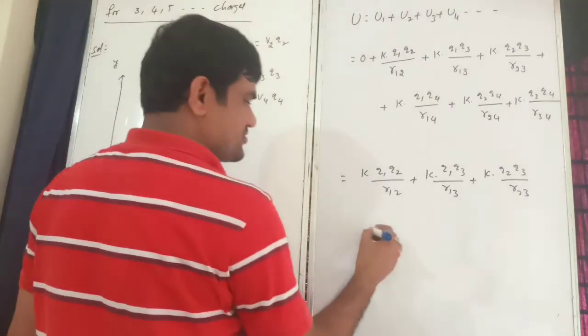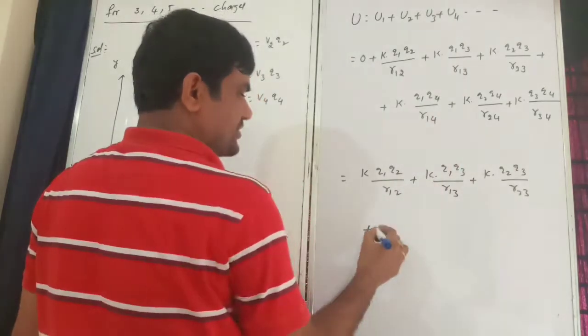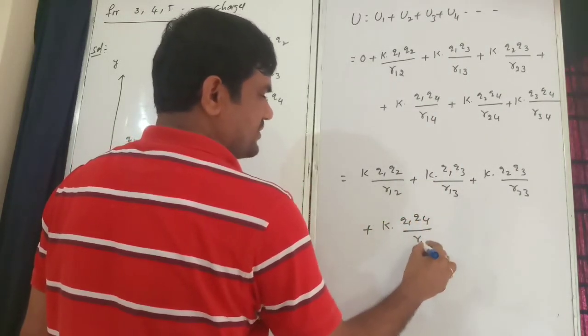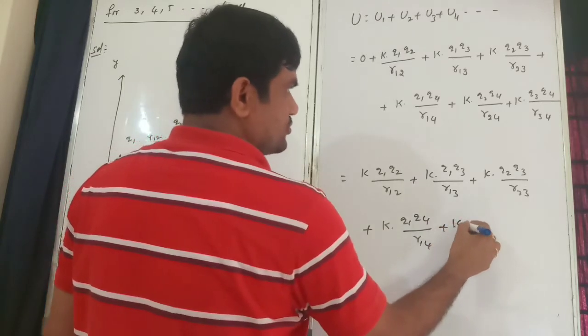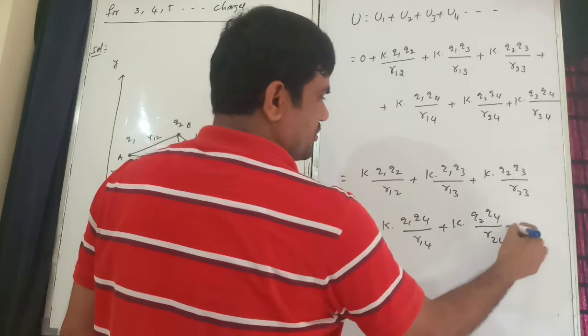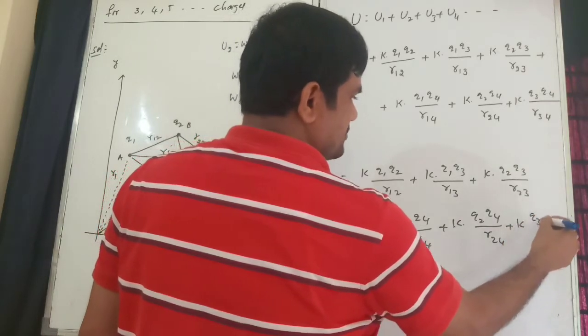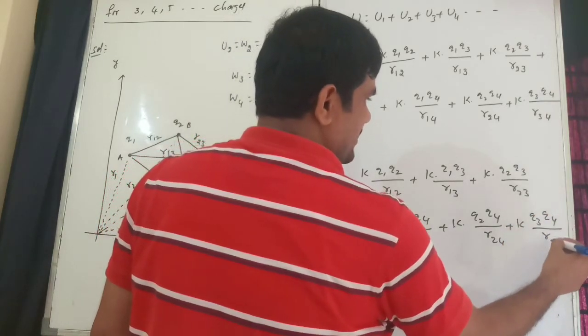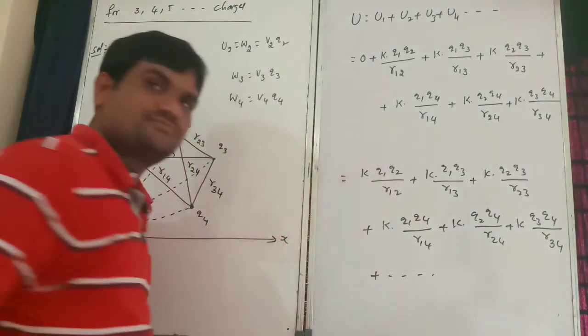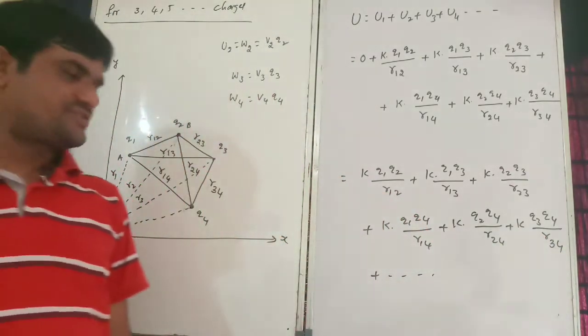So plus K into Q1 Q4 by R14, K into Q2 Q4 by R24, finally K into Q3 Q4 by R34 plus so on, for any number of charges.